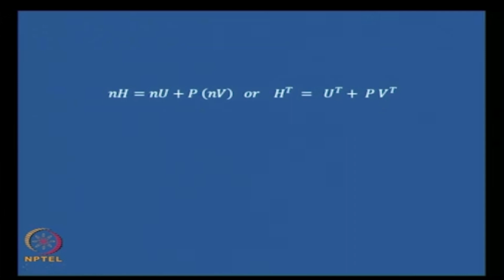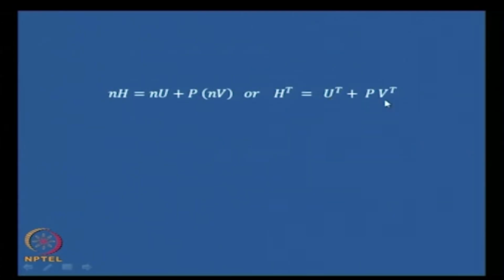Even if the number of moles of a system are different, as long as it is internally at equilibrium, in most cases that is, we will have P to be the same throughout the system. Since it is an intrinsic quantity, it is not going to depend on the number of moles. So P times nV, V is going to depend on the number of moles, and therefore nH equals nU plus P times nV, or H^t equals U^t plus P times V^t.